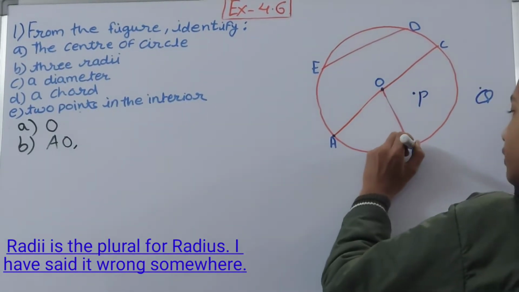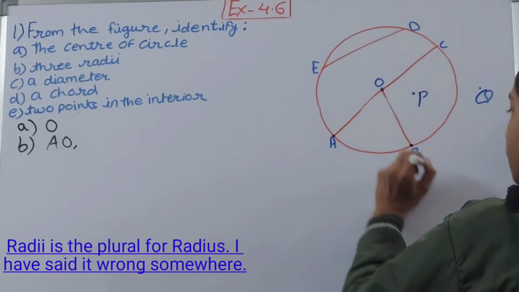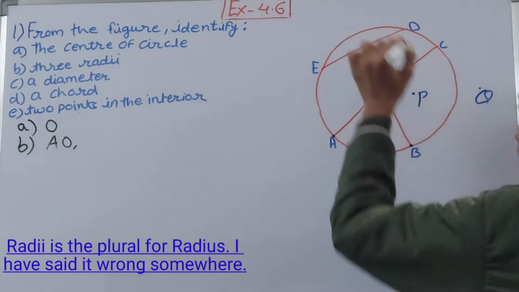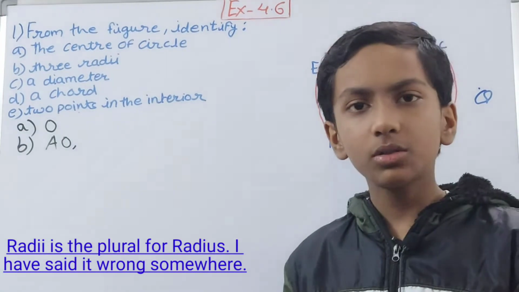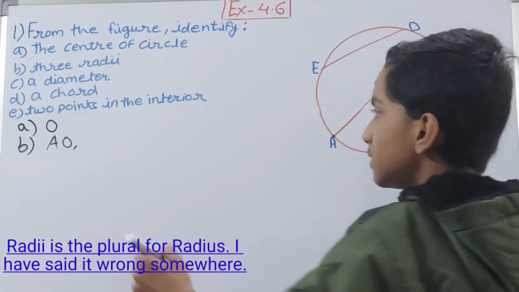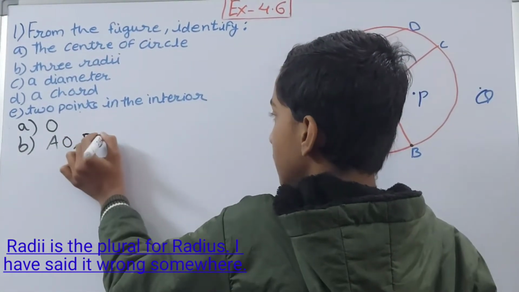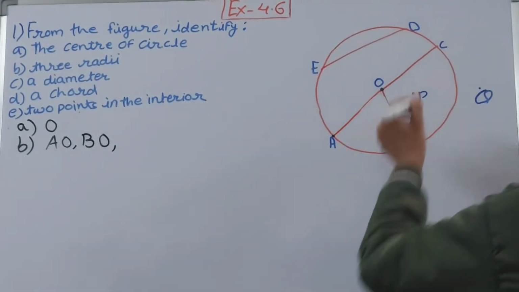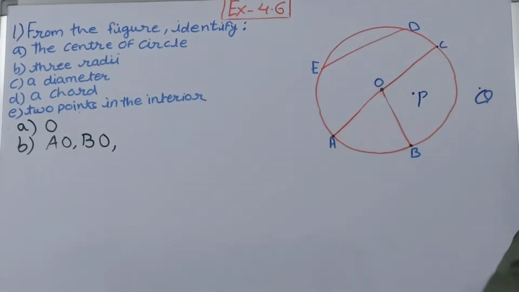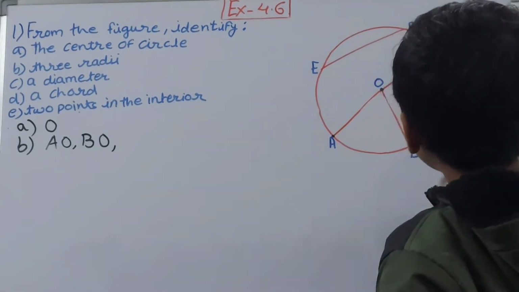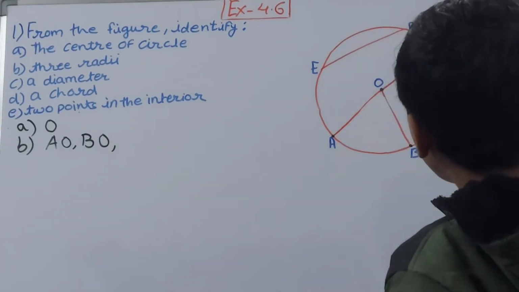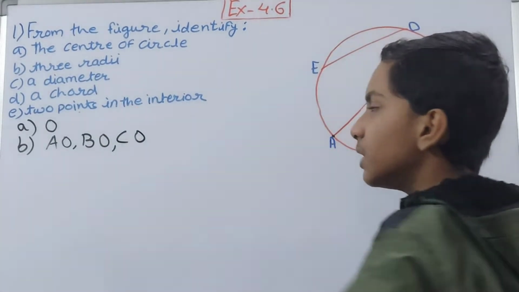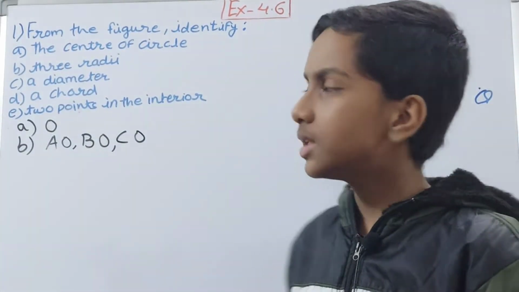Again, B is a point on the boundary of your circle, and this is O. So this line is also a radius, BO. Then we have C. Again, C is a point on your boundary and it is going to point O, the center. So CO. We have written all the 3 radii present in this figure.